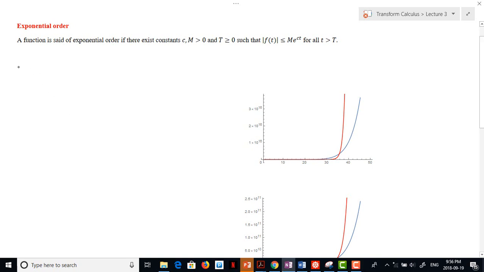Imagine we have a function like t to the power of 10. We want to see if t to the power of 10 is of exponential order or not.